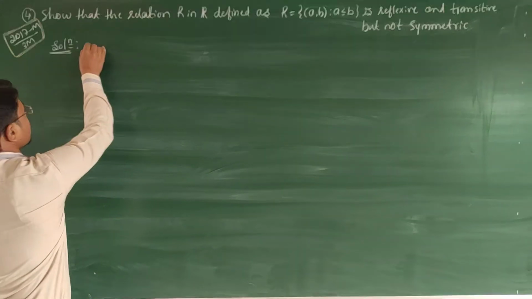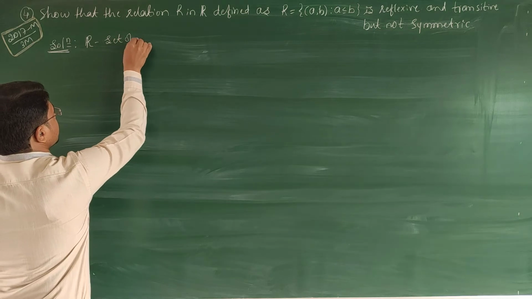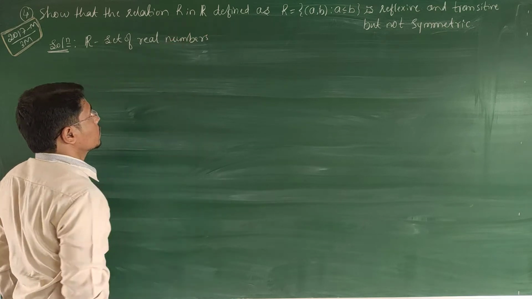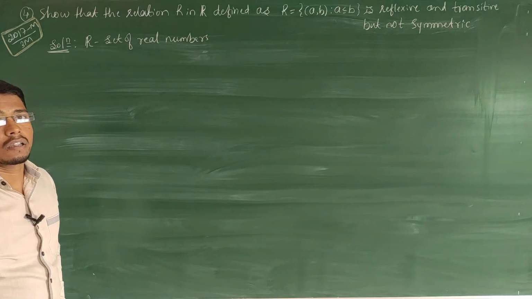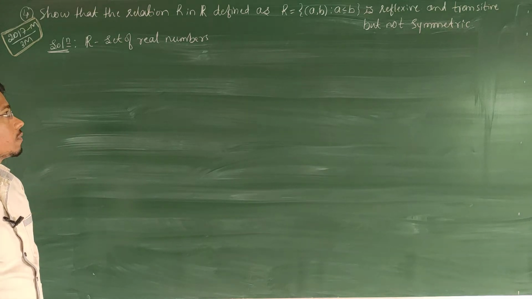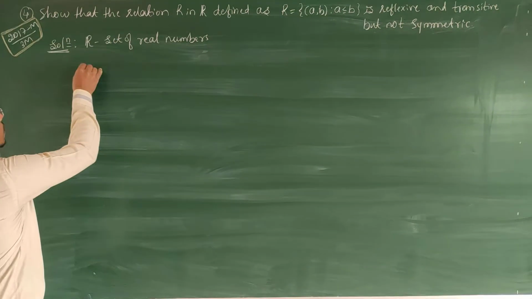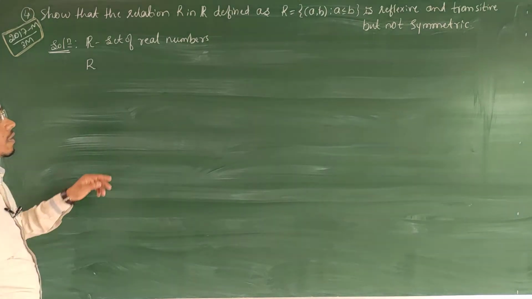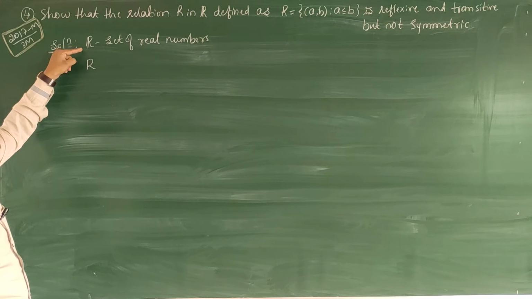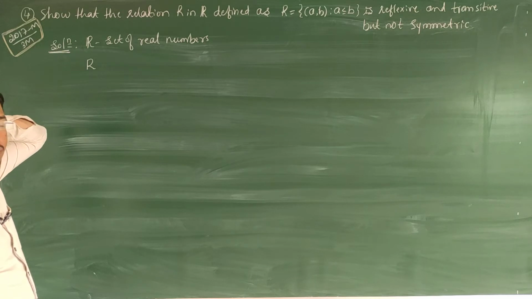The given set is the set of real numbers. In this you will get all positives, negatives, p by q form numbers, rationals, irrationals, the set of real numbers, and the relation is relation R. So dear students, let us notice the difference between this R and this R. This R is the relation, and this is the set of real numbers.